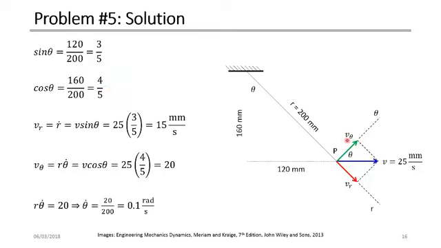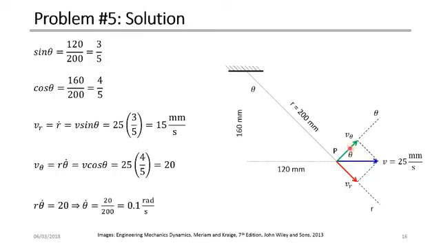Going back to the resolution of the velocity, in the r theta coordinate system, Vr is equal to r dot. Can we find Vr as a function of V? Yes, because V is the total velocity.